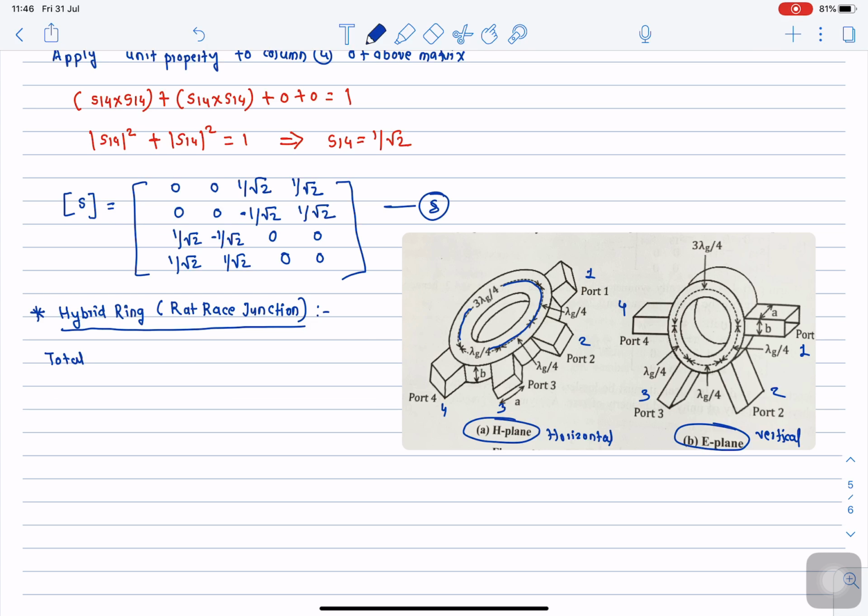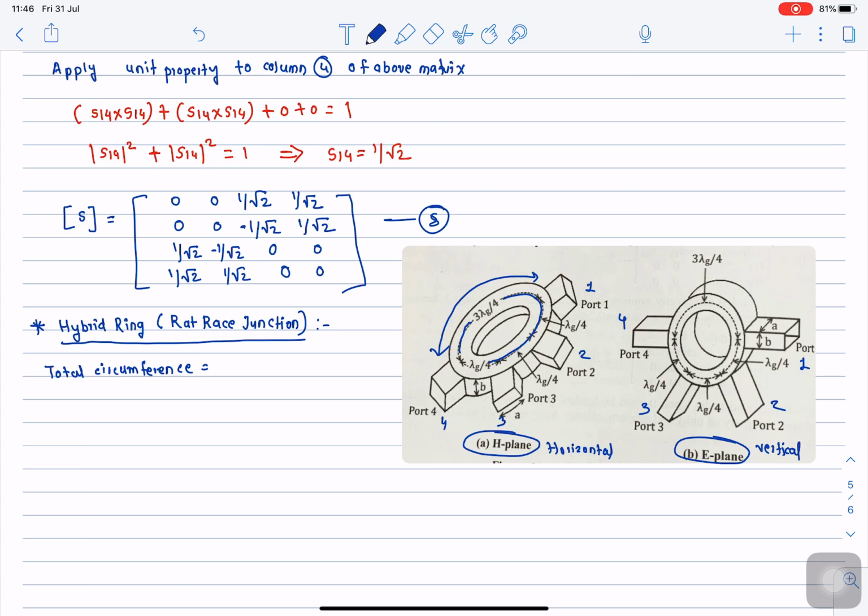Now here the lambda is replaced with lambda g, which indicates the guide wavelength. So 3 lambda g by 4 plus this much is lambda g by 4.